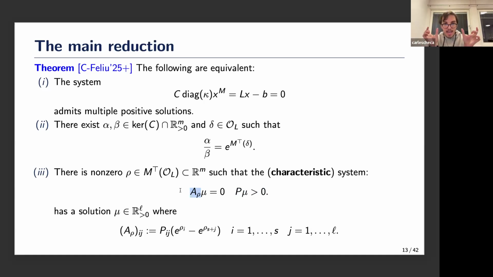Note that as rho has M entries, then we label the first S entries in one group, and then the last L entries, remember S plus L equals M, and each of the entries of a row is a difference of two of these exponentials, right? So a difference of exponentials. Some of you may have used these as a trick, using some tricks of linear algebra, but the important part here is the difference of exponentials.